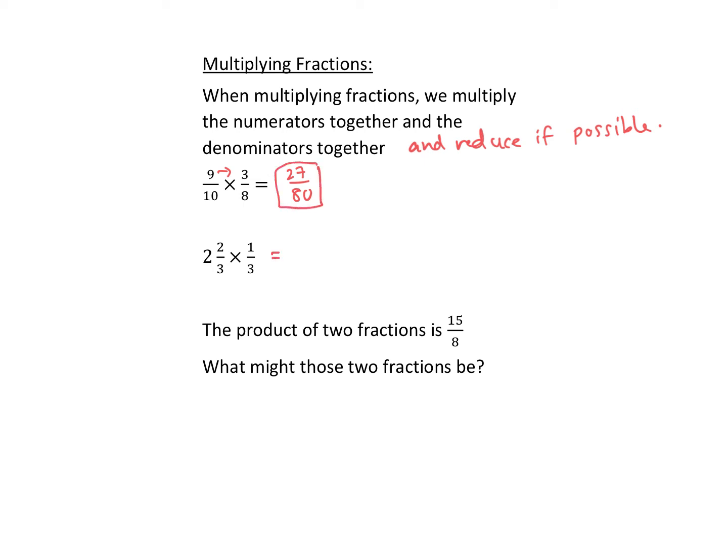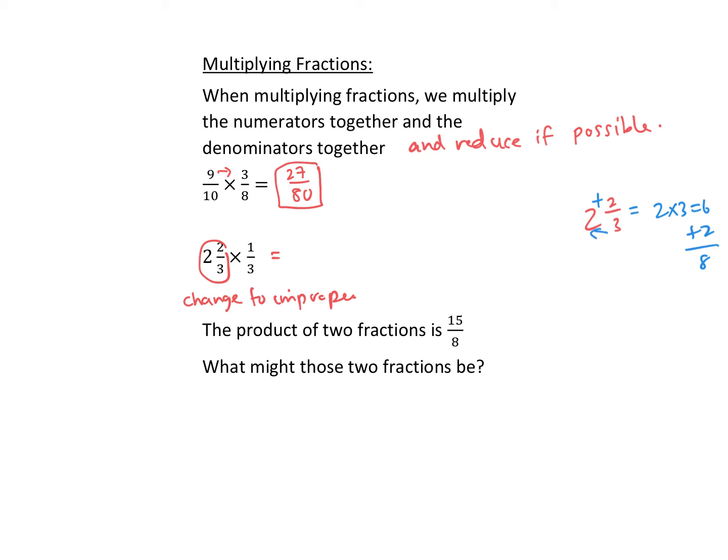If you have a mixed fraction, you need to change to an improper. So how do we change 2 and 2/3 to an improper? We multiply the whole number by the parts. So 2 times 3 is 6, and then we add the 2 in the numerator.